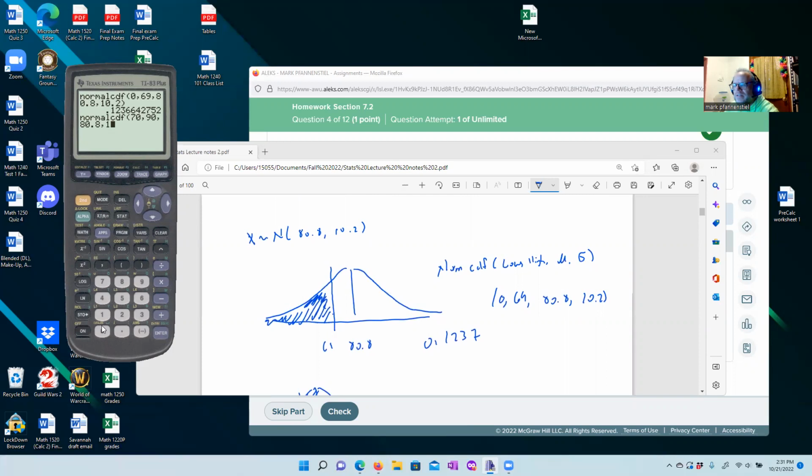I am not having a good day typing this stuff into the calculator. Okay, 80.8, just double checking, making sure all that stuff looks good. Seems pretty good. You're going to be better at this than I am.